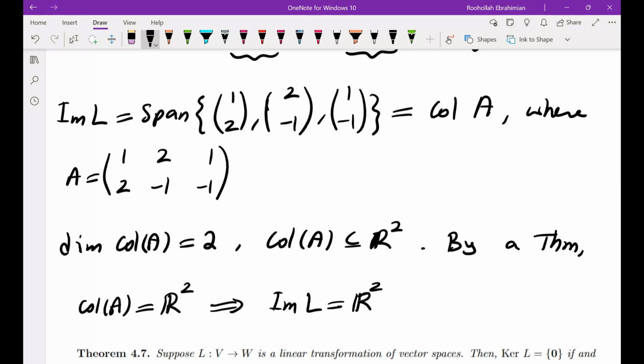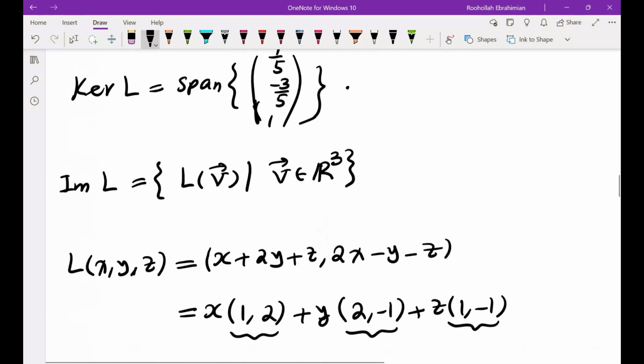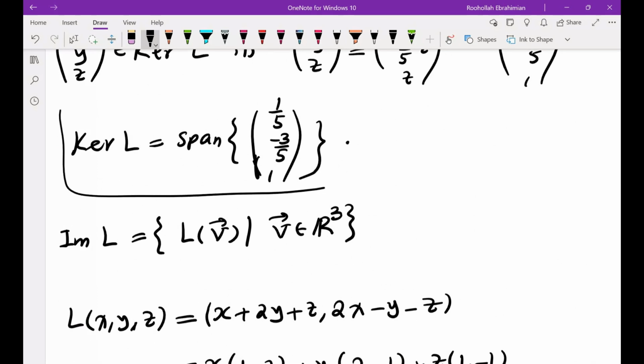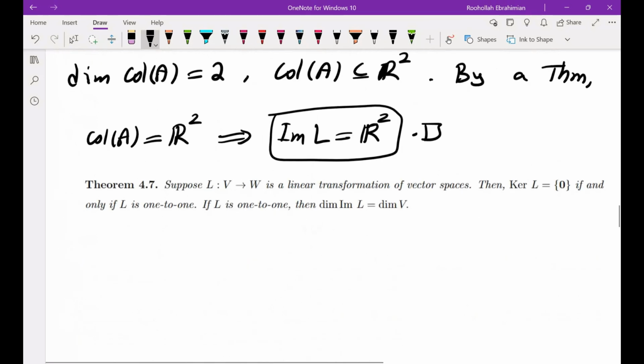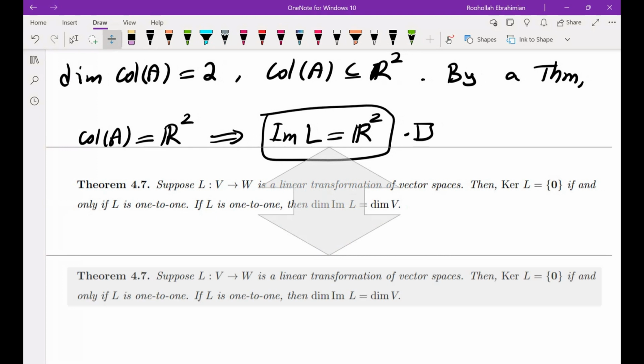So the image of L is the entire R2, and the kernel is a one-dimensional subspace. This is interesting. The kernel is a one-dimensional subspace, and the image is a two-dimensional subspace. The domain, if you recall, was R3, a three-dimensional space.